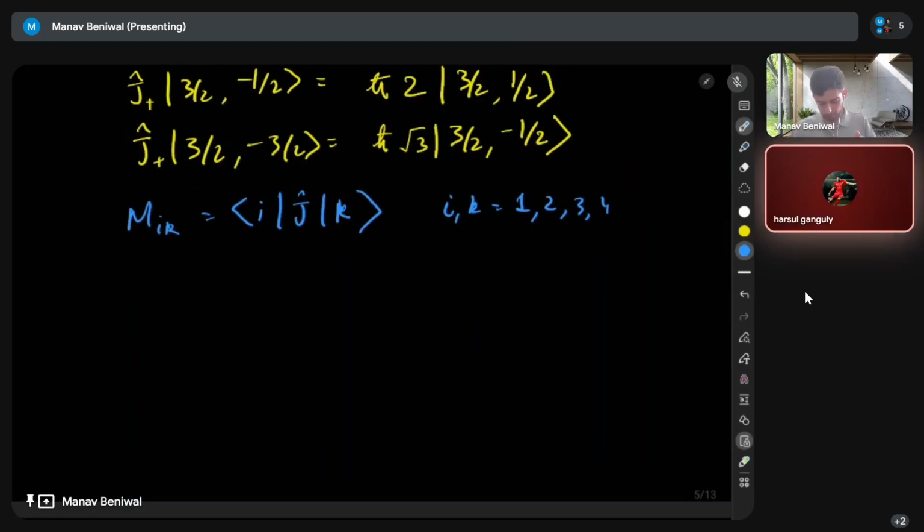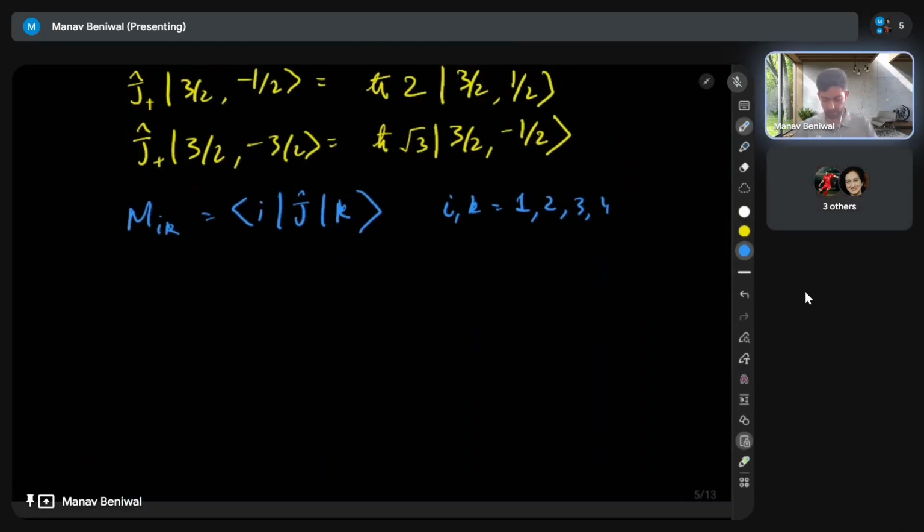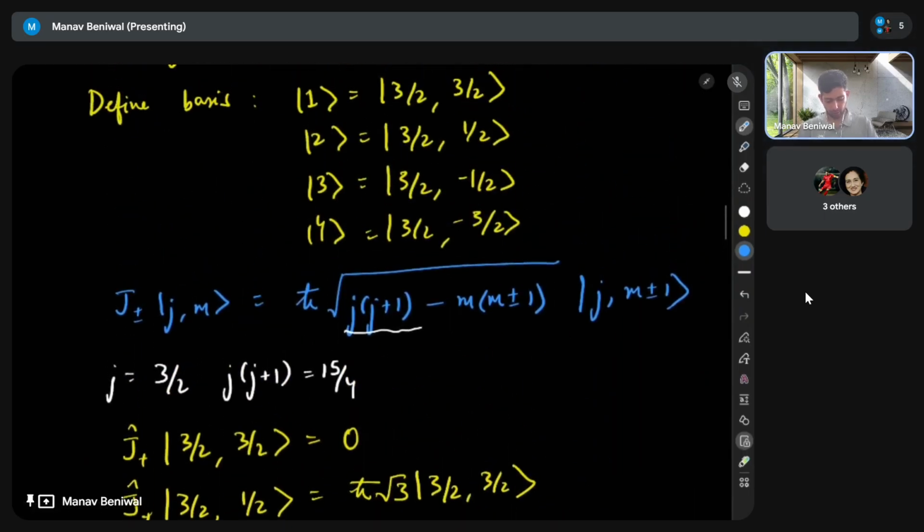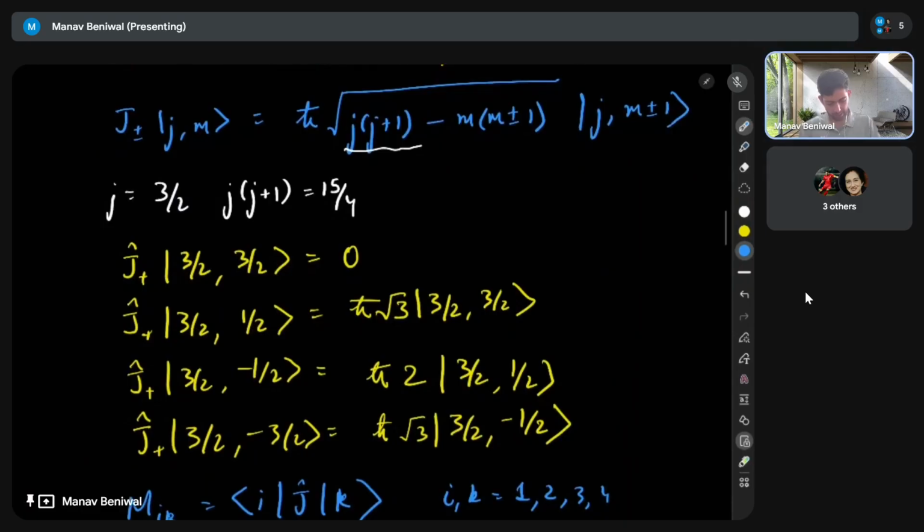Okay, so what will our matrix be? So what do we see here? So this is state 1, right? This is state 2, this is state 3, this is state 4, and operating on state 1 gives us 0, operating on state 2 gives us something which is written in terms of state 1, and this is written in terms of state 2, and this is written in terms of state 3.